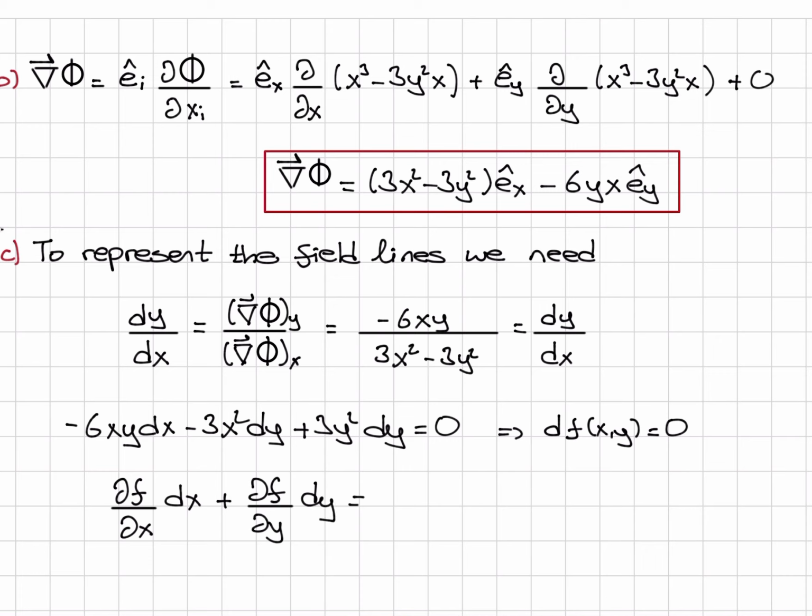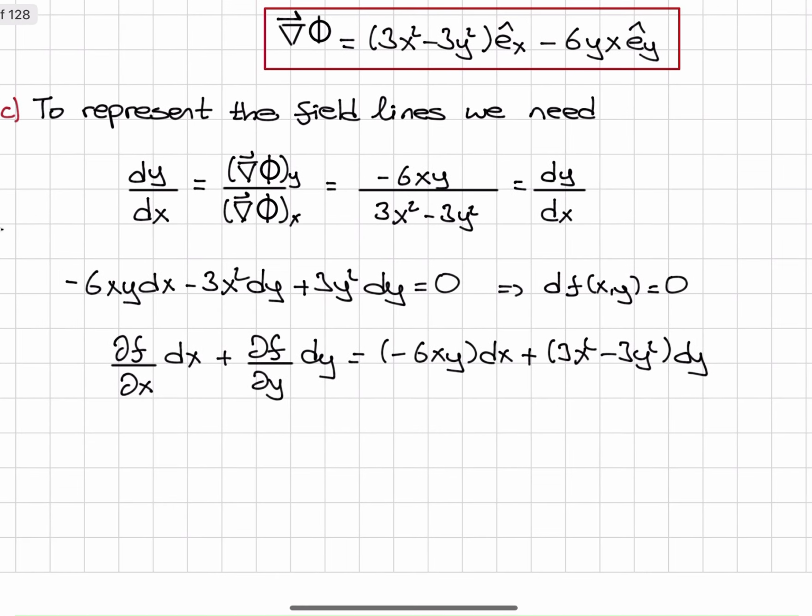That is basically minus 6xy dx plus 3x squared minus 3y squared dy. Now we can read the partial derivative with respect to x.